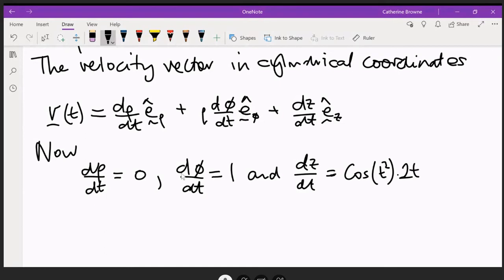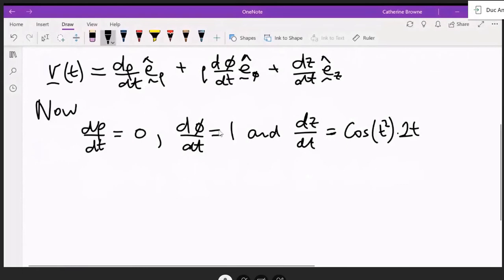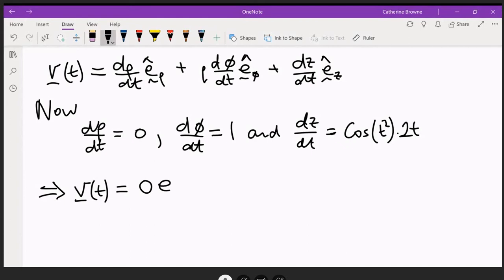So now we can put that into the formula for the velocity vector. So the velocity vector is given by: d rho dt is equal to 0, so it's 0 in the rho direction, and then rho is equal to 1, and d phi dt is also equal to 1, so 1 times 1 is still 1, so we just get 1 in the phi direction.